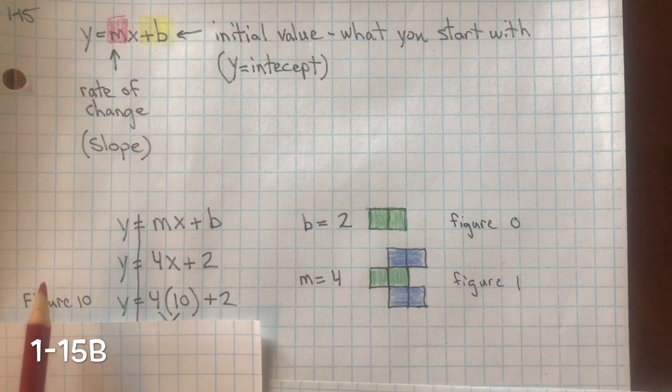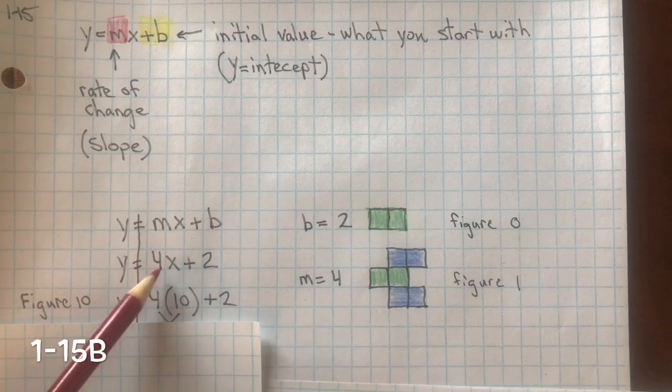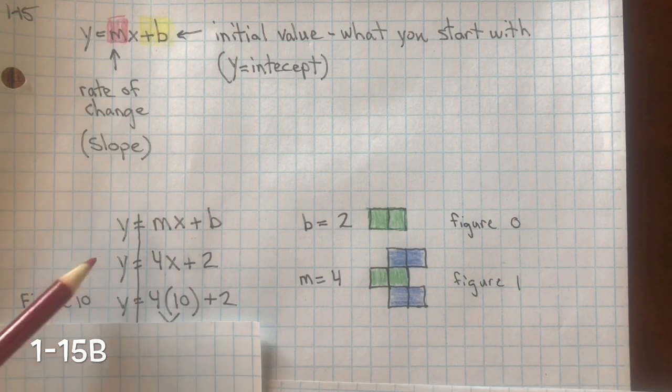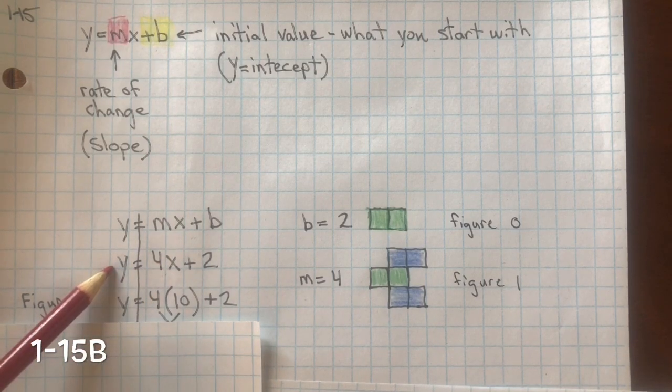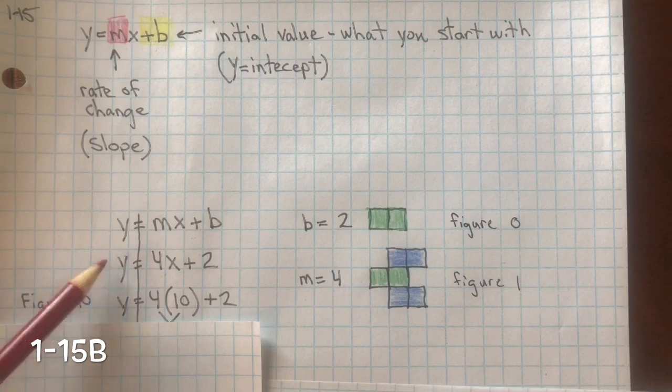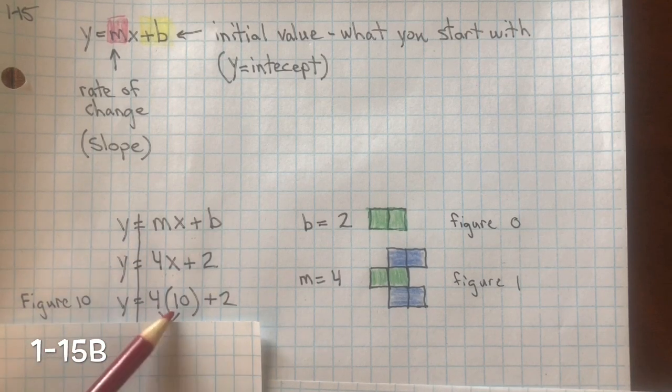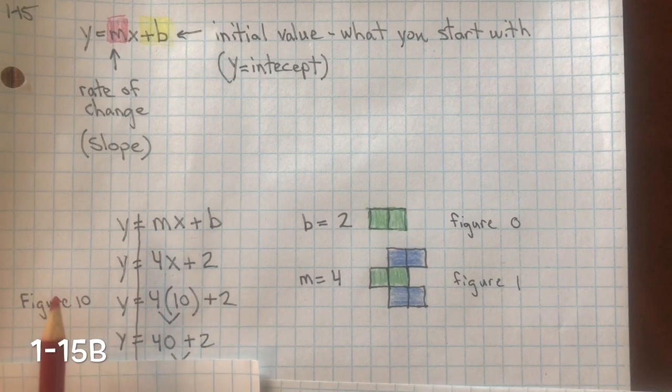So for figure 10, x represents the figure number, y represents the total number of tiles, your input, your output. If you input figure 10, 4 times 10 is 40, plus 2 is 42.